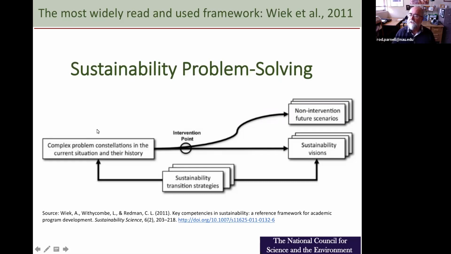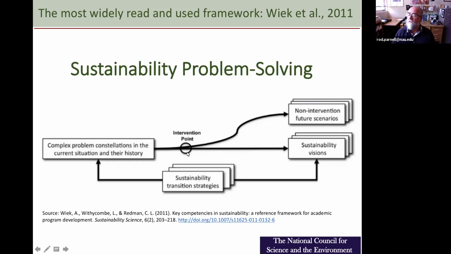One is trying to understand the nature of the sustainability problems and challenges that we have. The second is to try and think about where we might want to end up given the problems or challenges that we have. And then the third is this intervention point.